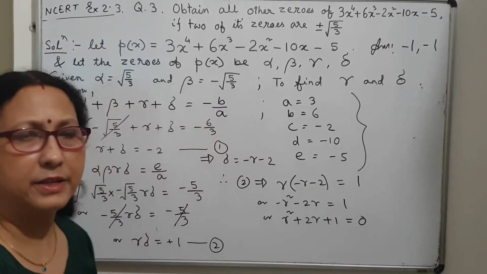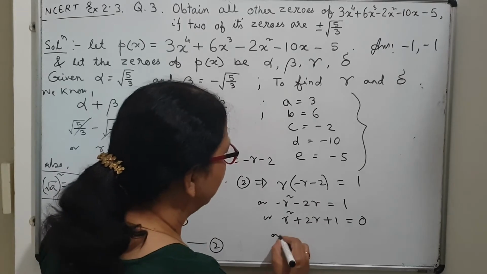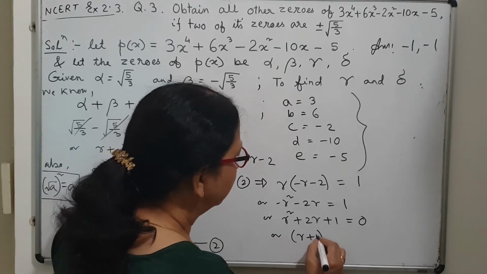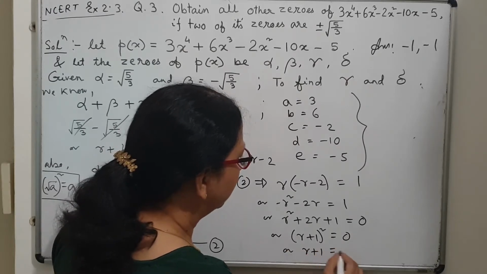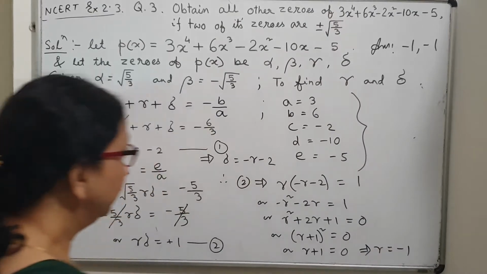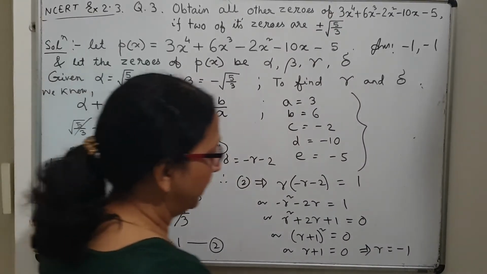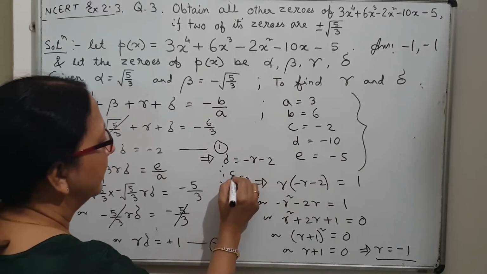Now this is an identity, a square plus 2ab plus b square, so I can write it as a plus b whole square is equal to 0, or taking square root, gamma is equal to minus 1.